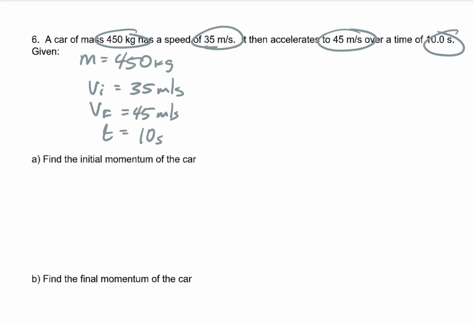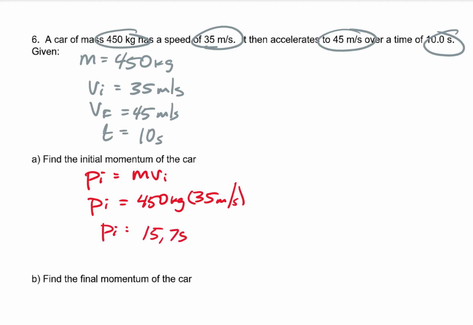If I want the initial momentum of the car, initial momentum is mass times initial velocity. 450 kilograms times the initial velocity of 35 meters per second, giving me an initial momentum of 15,750 kilogram meters per second.